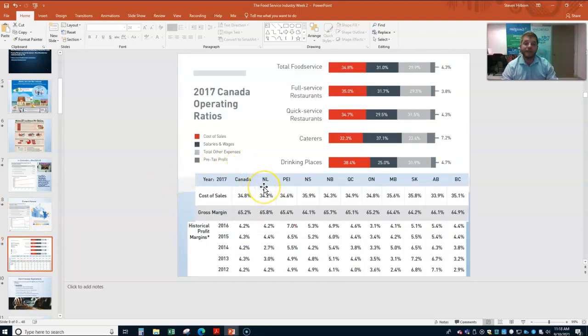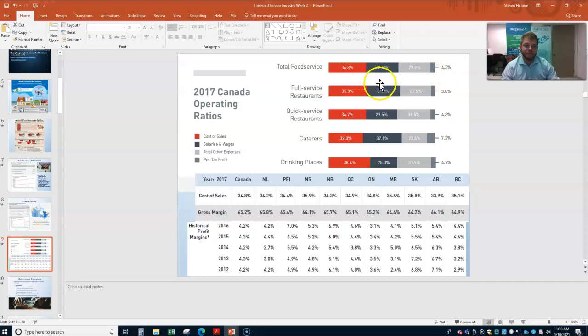This gives you an idea of some of the operating ratios. Now, this is 2017, but these are all percentage based, and they all basically have stayed the same. So it'll show you the cost of sales, so this is generally food and beverage and the other things that come with it, the salaries and wages, the other expenses, and the pre-tax profit.